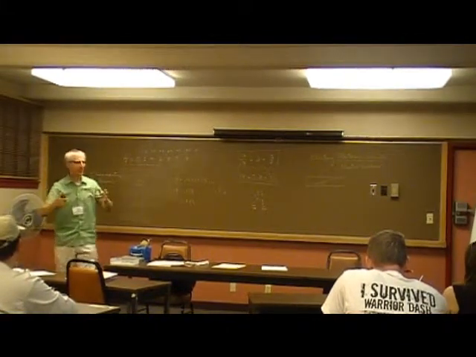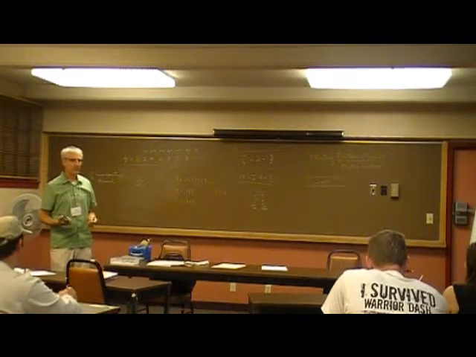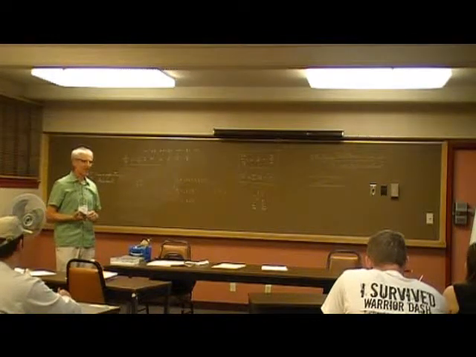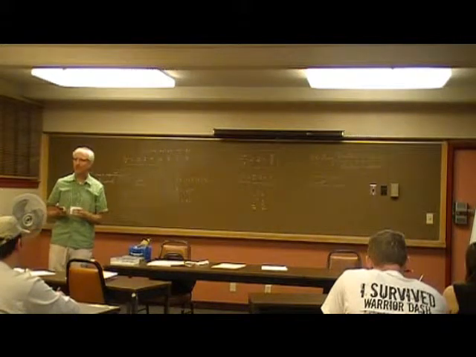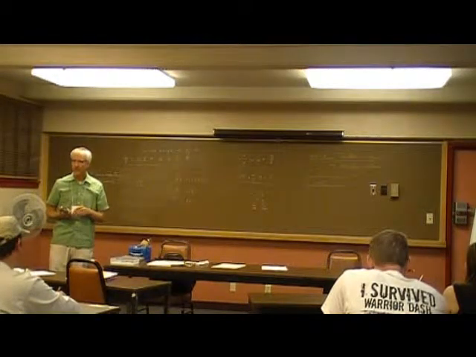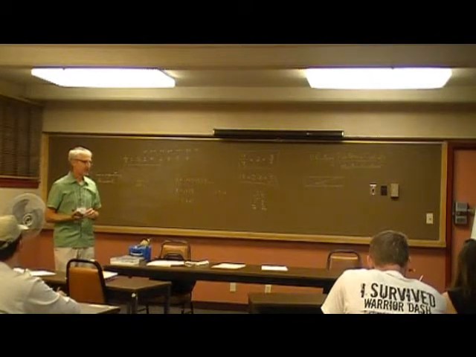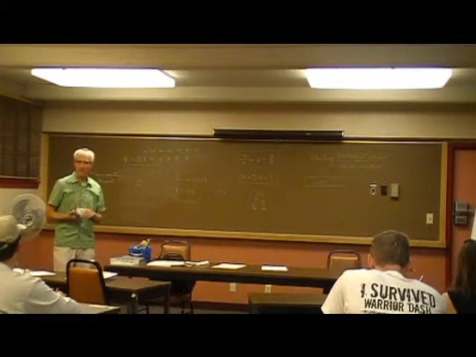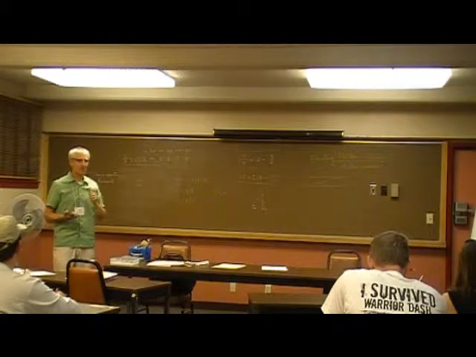And students get the logic wrong all the time. They say, why is square root of 2 irrational? And students like to say, because the decimal expansion never repeats. But that's twisted logic.